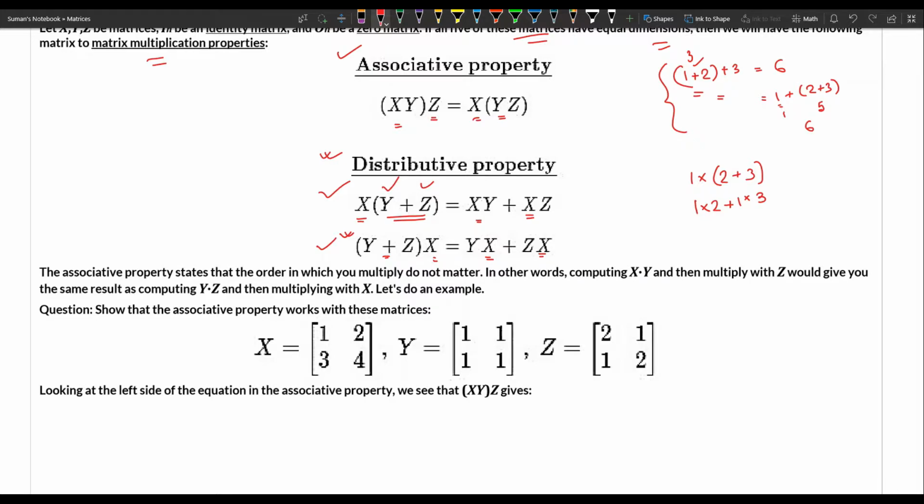Suppose we have three matrices of order 2 cross 2, so that means of order 2. X is equal to 1 2 3 4, Y is equal to 1 1 1 1 and Z is equal to 2 1 1 2.